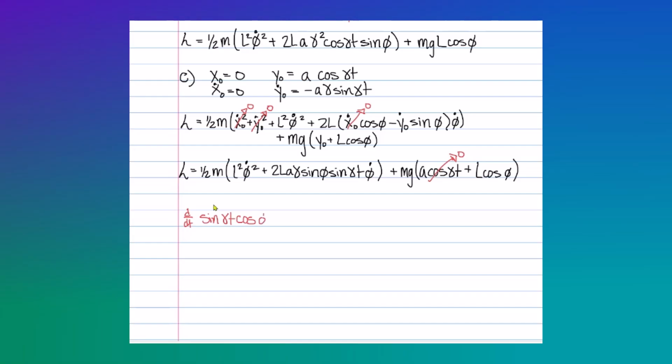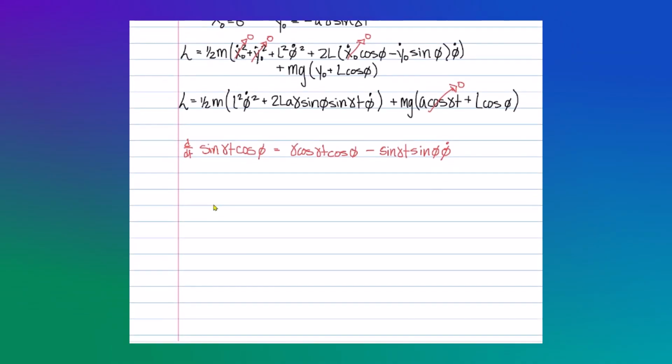And the goal is to remove phi dot and replace it with gamma, because gamma is a constant, which if we were going to solve the actual equations of motion for this Lagrangian, would be easy to deal with, whereas phi dot would require an actual partial derivative or total derivative, depending on which part of the equations of motion we're evaluating.